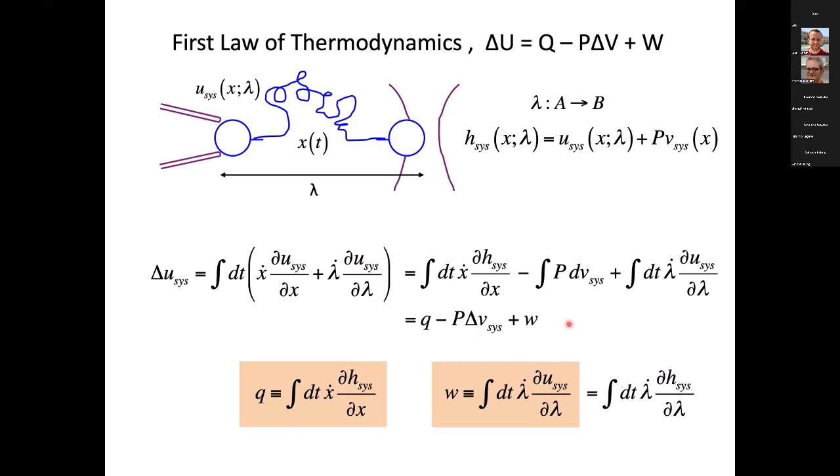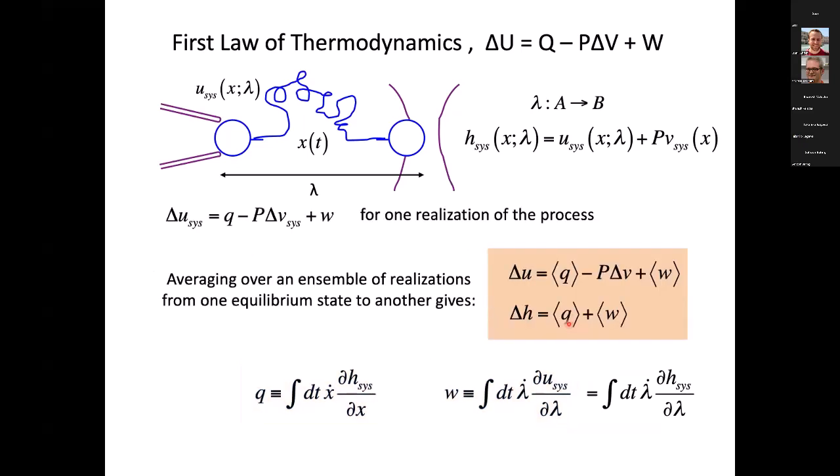Okay, everything so far has been for one realization of the process. Now imagine that I repeat this process infinitely many times. So I have an ensemble of realizations, and I'm going from one equilibrium state to another equilibrium state. If I take the average of both sides of those equations, then I get the following result.